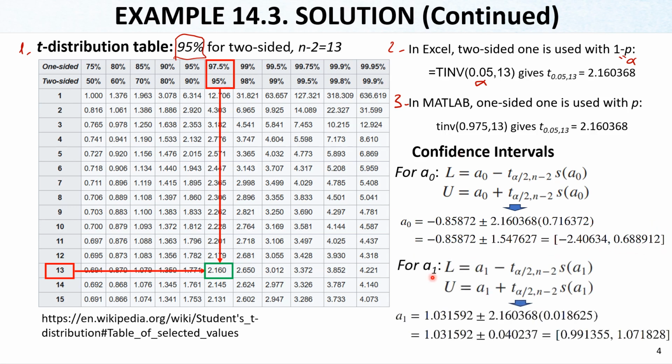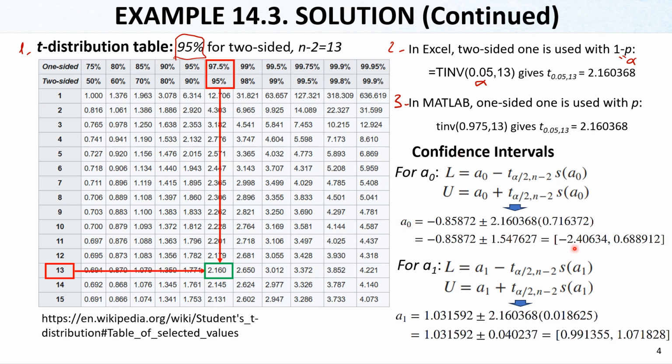And for A1 as well, you can use the same formulation, but considering A1. A1 becomes, again, this plus minus this value. This is basically just multiplication of these, plus minus. And from here, we have an A1 value of 0.99 to 1.07. So it's a little bit narrower compared to A0.